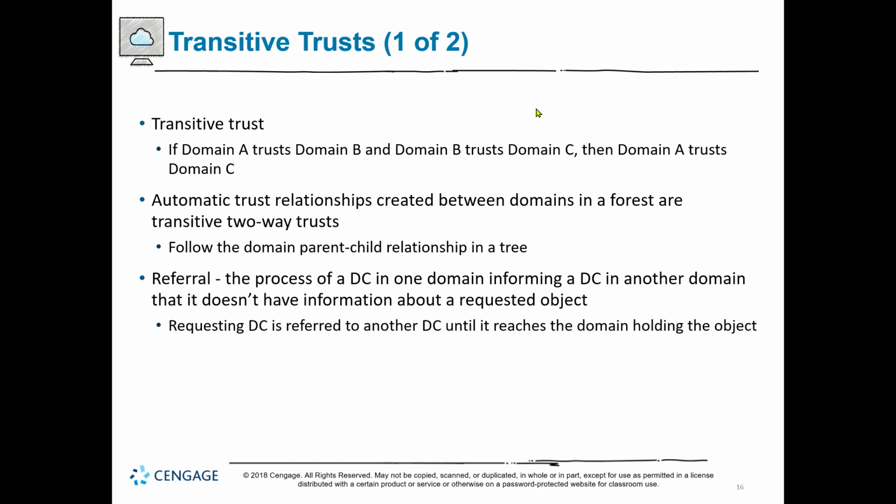I like to think about a referral as like job referrals. If you've got a referral from someone, then that means they know the information. In this case, if this DC is looking for something, they get referred on down the line until they find the person that has the information. That's how I look at that one.